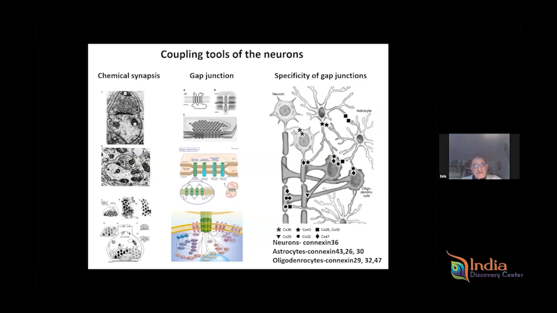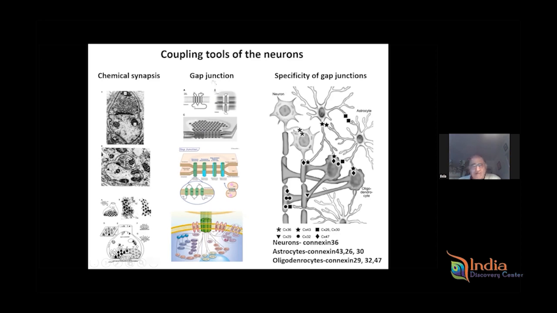One is the chemical synapse, shown here, with the presynaptic and postsynaptic structures, full of synaptic vesicles. The vesicles contain different neurotransmitters: glutamate, which is stimulative, and GABA, which is inhibitory.